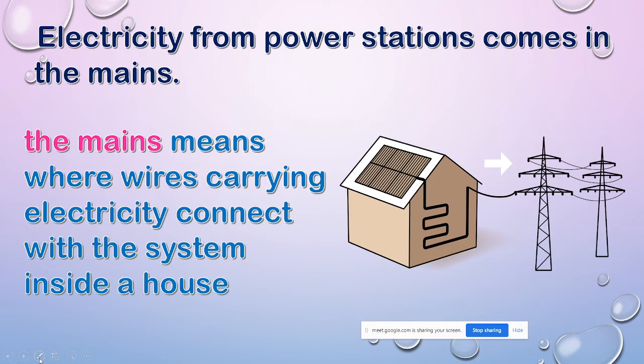When you say the mains, it means we are using wires. It means when you are using the mains, you are using the electricity from the power station. Do you understand that?